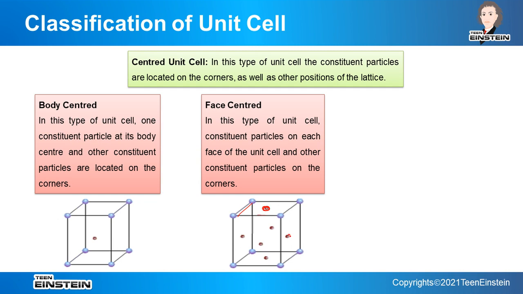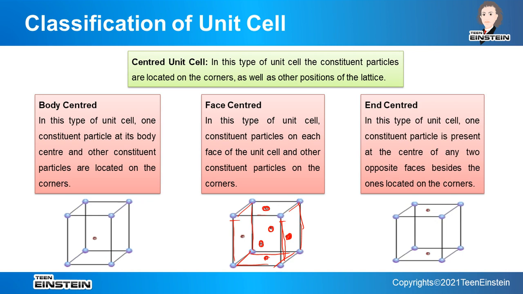Then we have this right hand side face, this is the lower face, this is the left hand side face, and this is the front face, this is the back face. So total 6 faces are there, so that is why 6 more constituent particles are present, beside these corner atoms, they are already there.